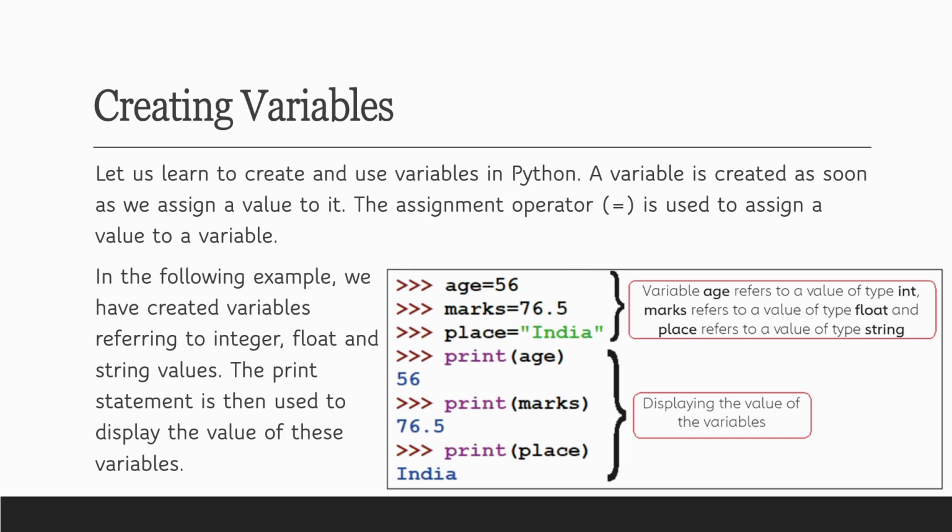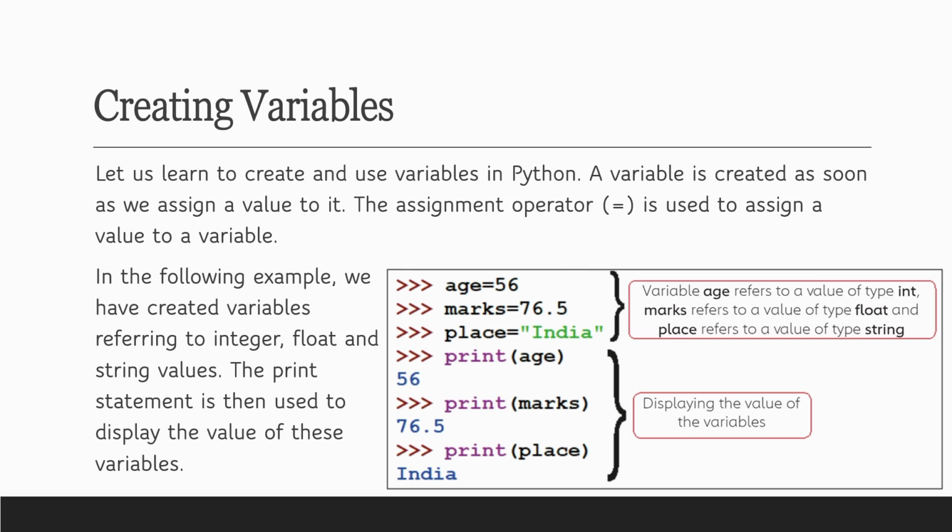For example, if we write age = 56, marks = 76.5, place = "India", here age is a variable that stores an integer value, marks stores a float value, and place stores a string value. We didn't have to declare the type in Python. Python automatically understands it from the value we assign.